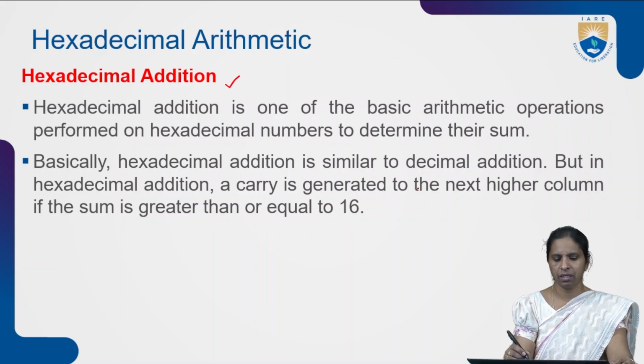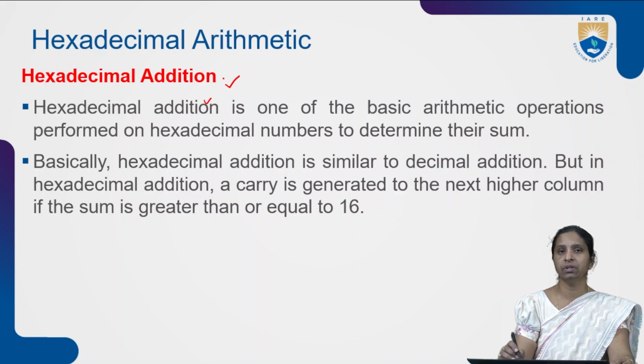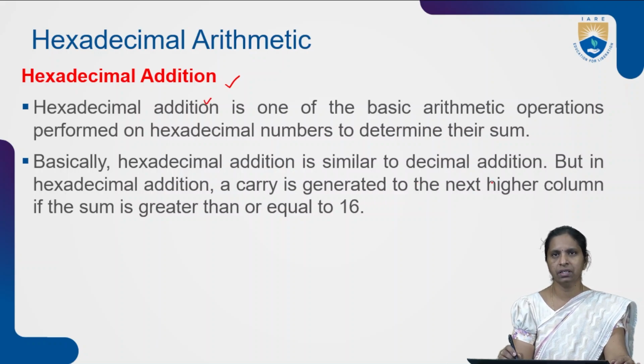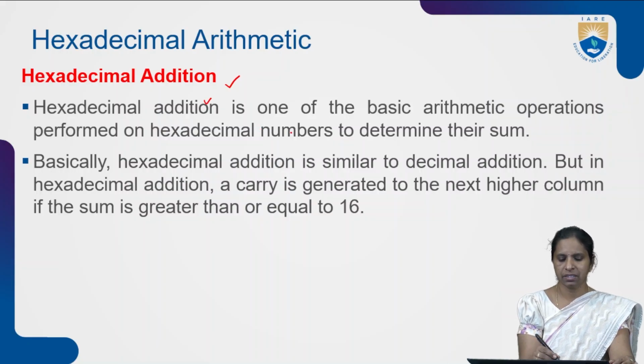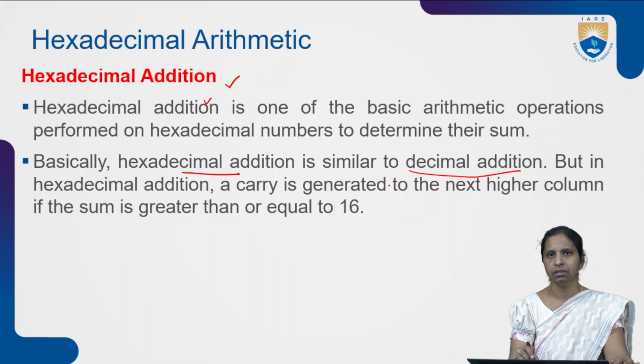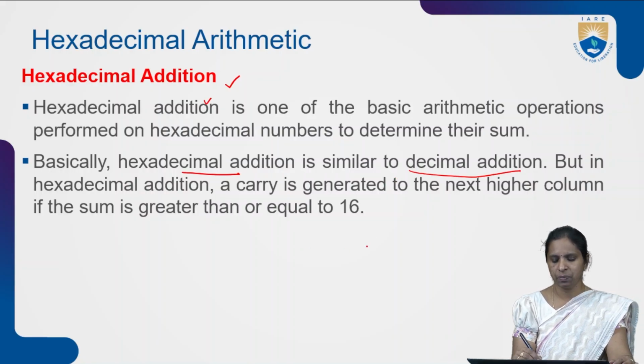Now this hexadecimal addition operation is one of the basic arithmetic operations that can be performed in the hexadecimal number system. And this hexadecimal addition is similar to the decimal addition only. So in the decimal number system, for example, if you are adding 16 plus, let us say, 15. Now when you are adding 6 plus 5, what are you getting here? 11.